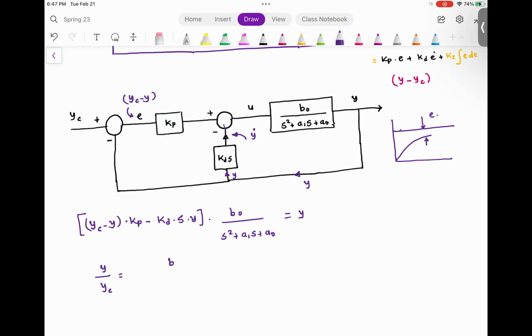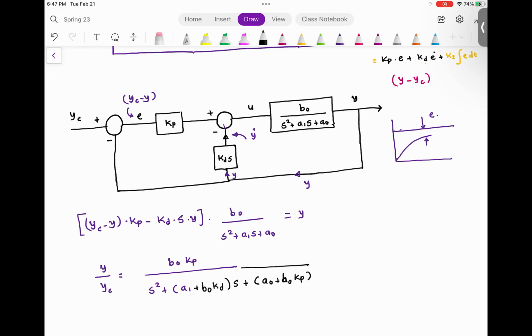So this becomes b0 kp divided by s square plus (a1 plus b0 kd) s plus (a naught plus b0 kp).